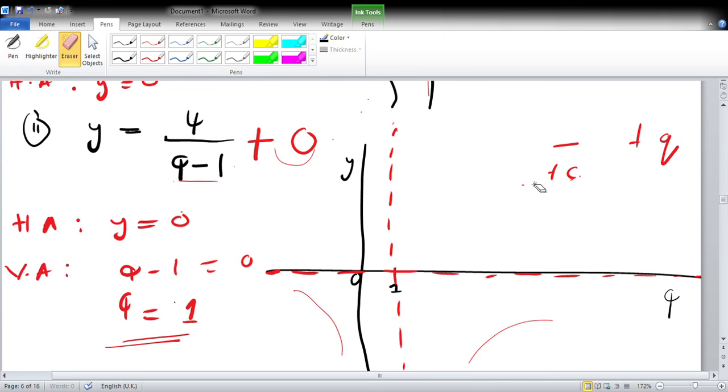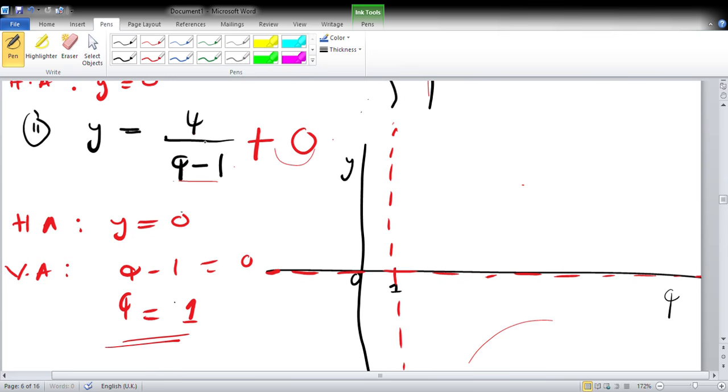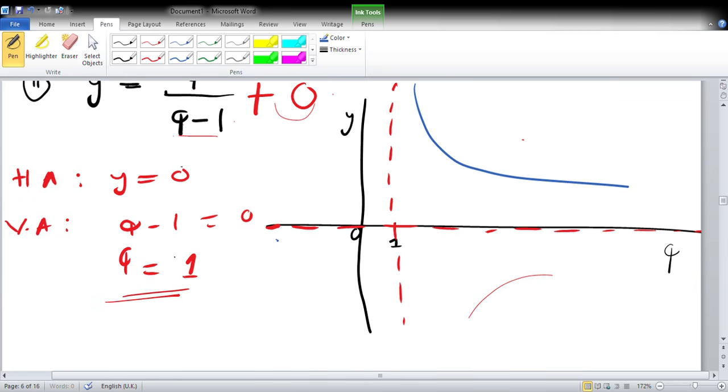This asymptote here is x equals 1. It means by default there should be a graph which will cross the axis somewhere. Now we can see that a here is positive. So if a is positive, automatically I'm going to have a graph this side and another one this side.